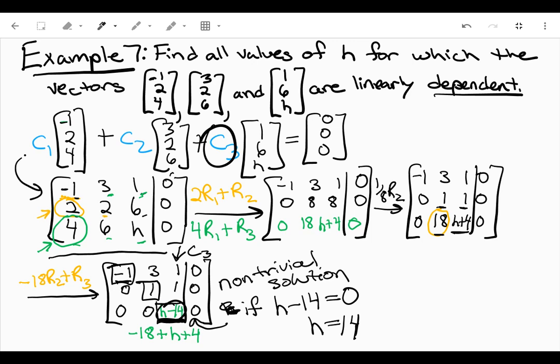So specifically just make c3 equal to 1. And that right there means this is a non-trivial solution, because the trivial solution is if all 3 of these are zeros. If we have any solution where they're not all 0, then that's a non-trivial solution. So these vectors are linearly dependent when h equals 14.